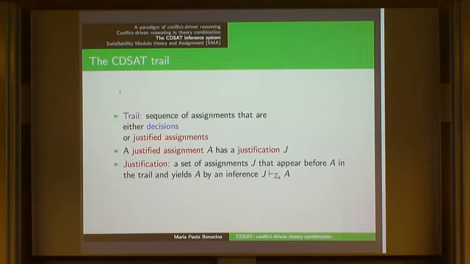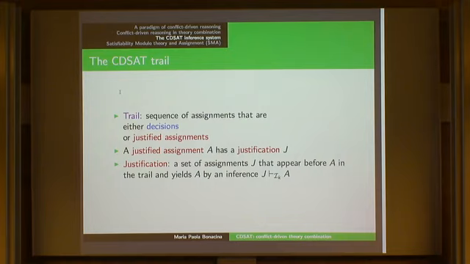What is a justification? It is a set of assignments that appear before in the trail, so the trail is ordered. So a justification of A is a bunch of assignments J that appears before A in the trail, and for which there is an inference in some theory module IK that infers A from J.